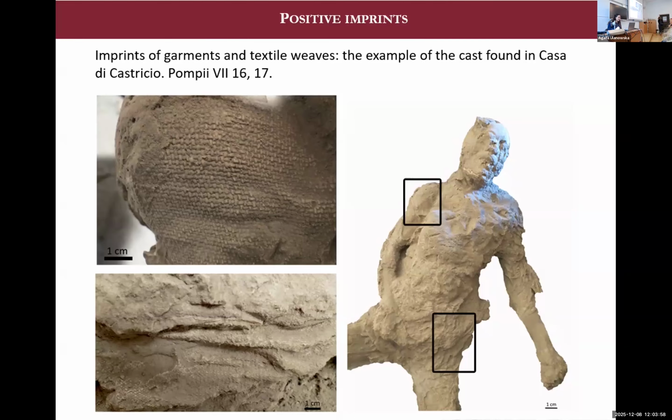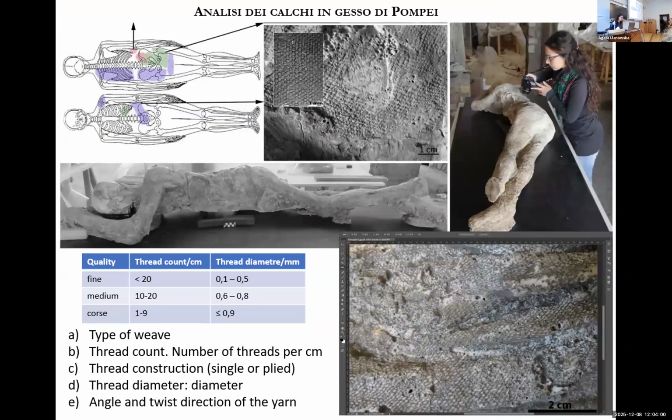So the survey and documentation of the casts were conducted in two phases. Firstly, casts with visible traces of clothing were selected and simultaneously mapped and documented on paper and with a digital camera equipped with a macro lens to produce digital photographs of the areas of interest.